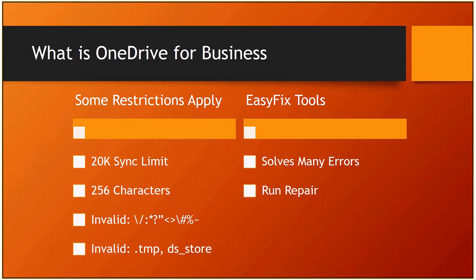Now, as I mentioned, there are some restrictions. As we said, you can't have a file that's bigger than 2 gigabytes. There is an application that you will probably have already installed on most of your PCs that you're not even aware of, called the Sync tool, the OneDrive for Business Sync tool. What that does basically is it takes all the files that you put into your OneDrive, which is, again, up in the Microsoft Data Center.